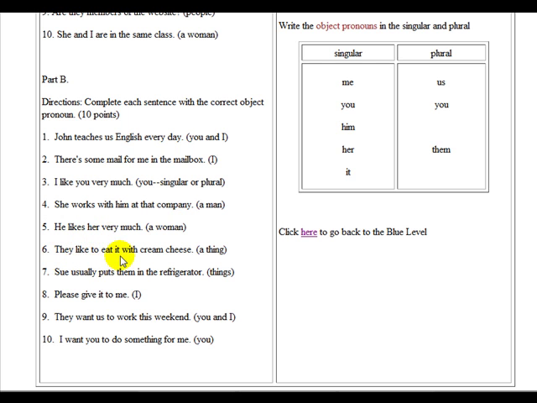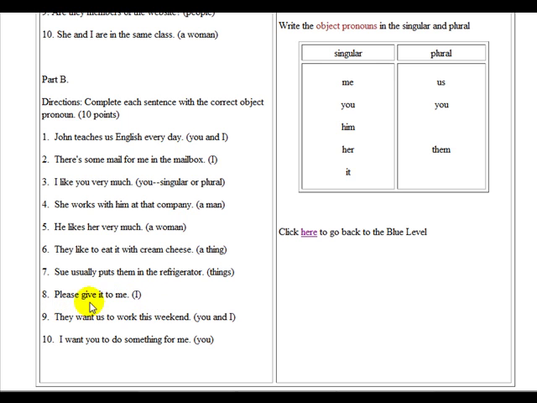They like to eat it with cream cheese. It's a thing, so we give it an it, right? It in the third person. Sue usually puts them in the refrigerator. It's a thing, so she has used here them, which is the plural form of the third person.